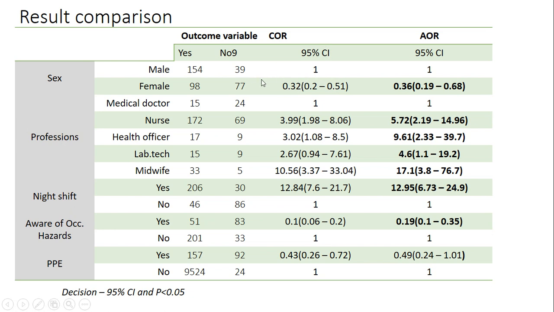Whenever we present our odds ratio or our statistical report, we always have to bring the descriptive data along, otherwise it won't be able to prove whether the associated result is true or not.